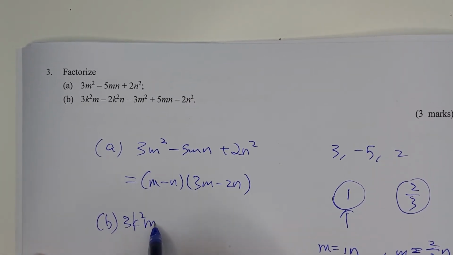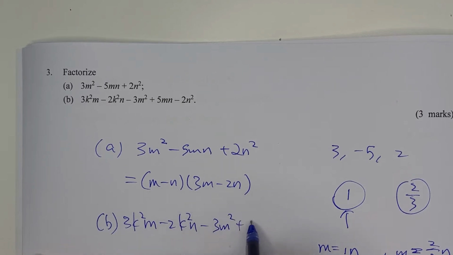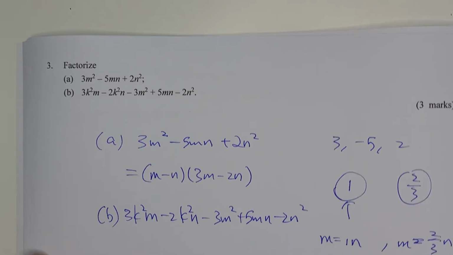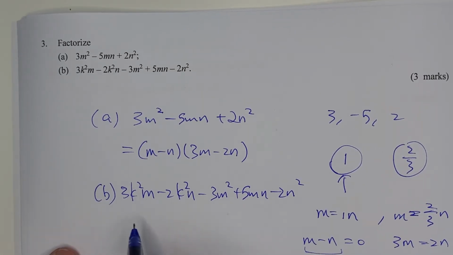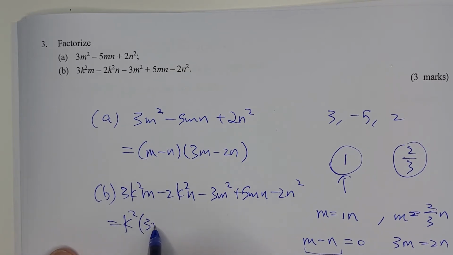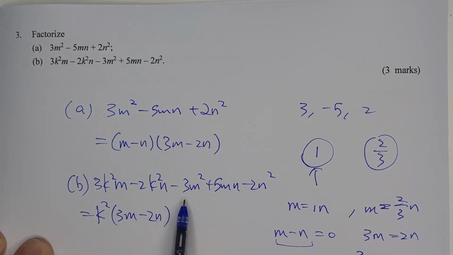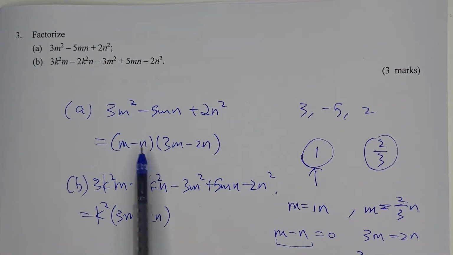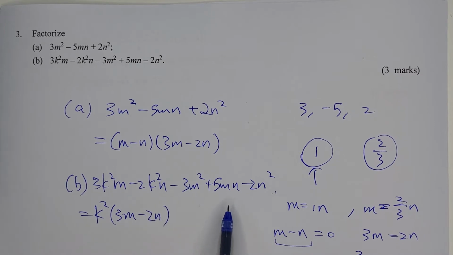3k squared m minus 2k squared n minus 3m squared plus 5mn minus 2n squared. Okay, 5 terms here. As you can see, for the first 2 terms, you can take out common factor k squared, so 3m minus 2n. For the last 3 terms, you will see that this is almost the same as a, but the signs are reversed.